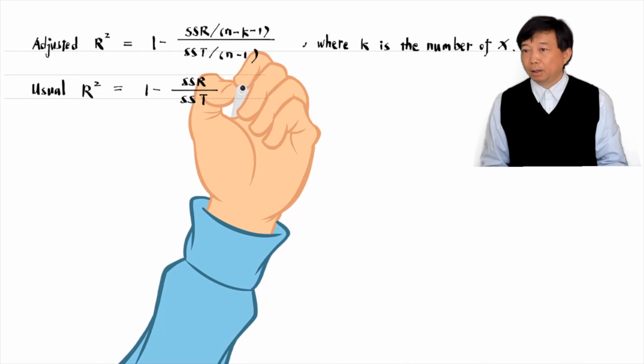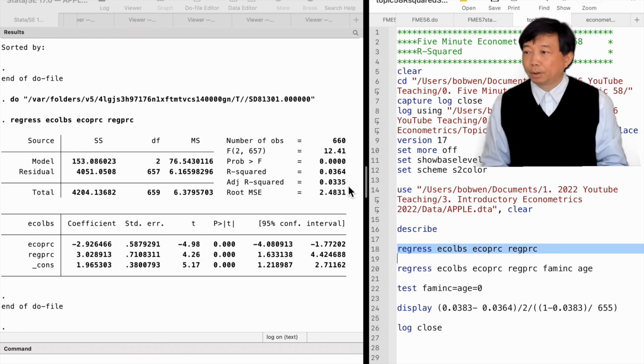From its formula, we know that the adjusted R-squared is smaller than the usual R-squared, holding other components fixed. If the number of explanatory variables, k, increases, the adjusted R-squared decreases. In our example, the adjusted R-squared is 0.0335.